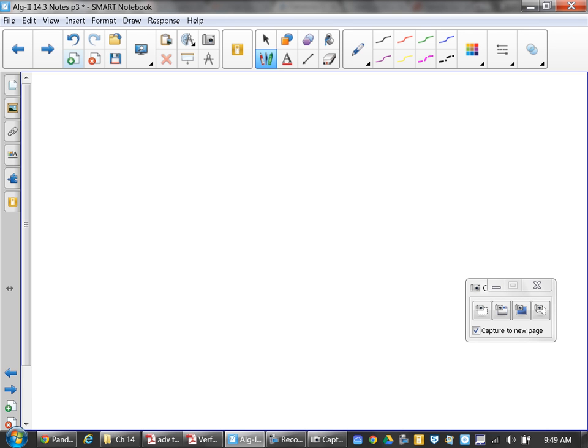So let's say we have this, and I want to solve this equation for x. I want to solve this within one revolution and solve for x.